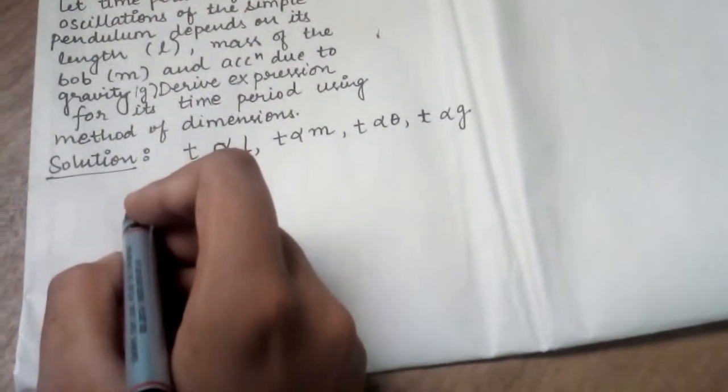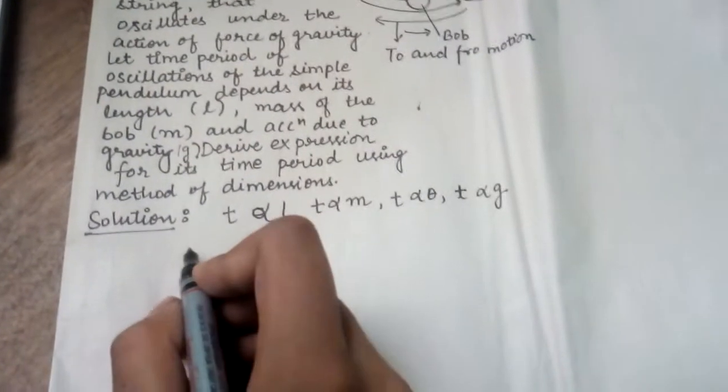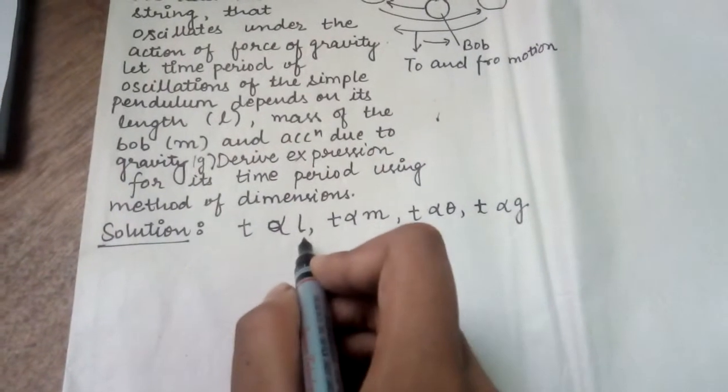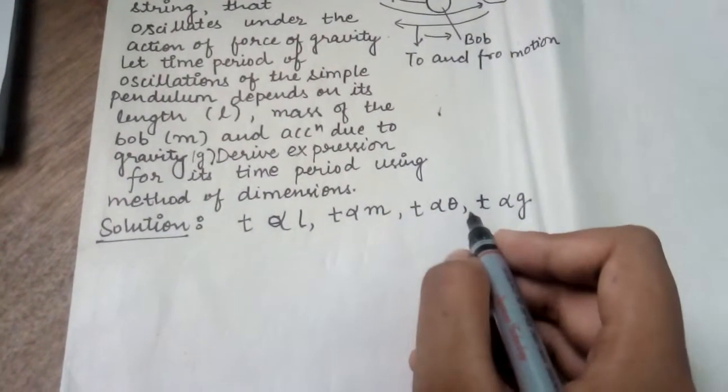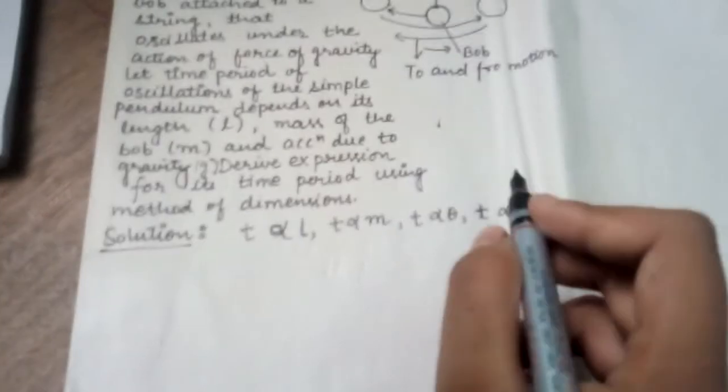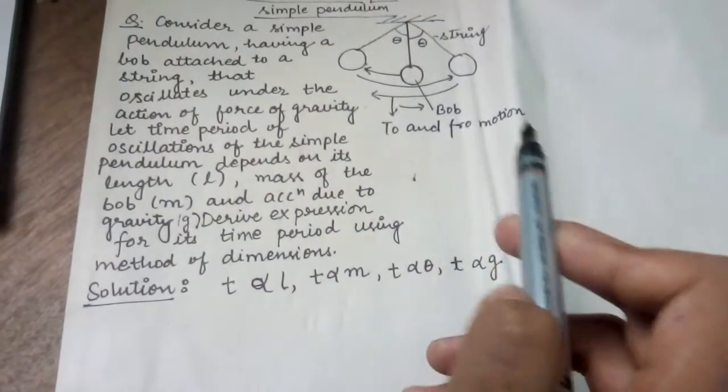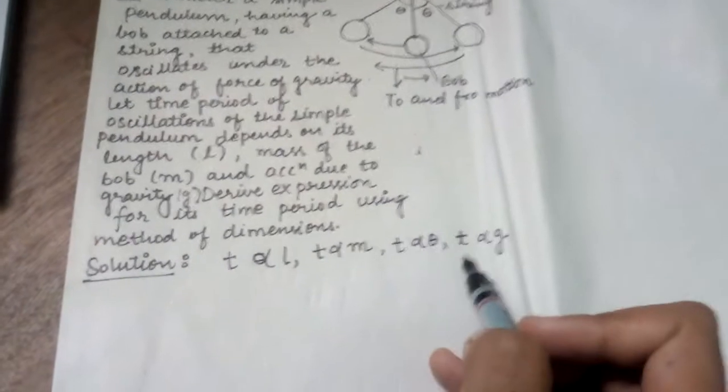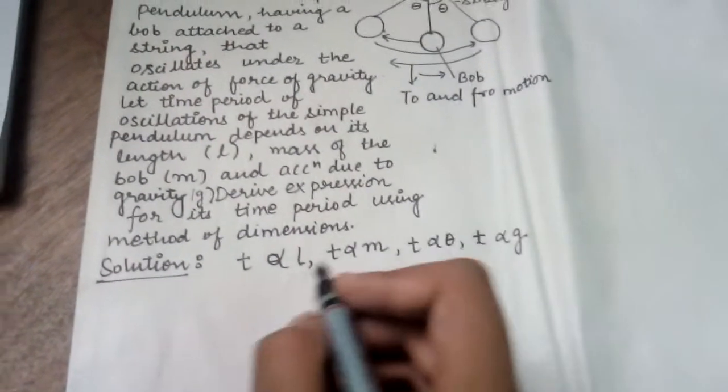Now let t be directly proportional to length and mass, and theta, that is the angle made between this string and the oscillating body, and it is directly proportional to the gravitation.